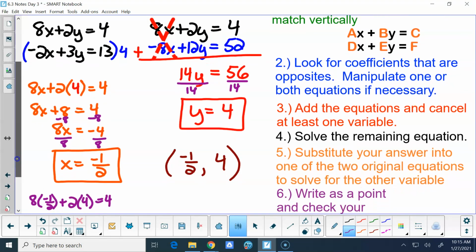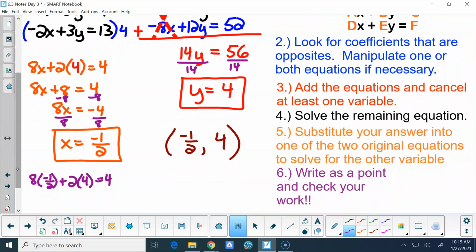If I do that, 8 times negative 1/2 is negative 4. 2 times 4 is 8. Negative 4 plus 8 is positive 4. Checking now in the other original equation, negative 2 times negative 1/2 plus 3 times 4 has to be 13.